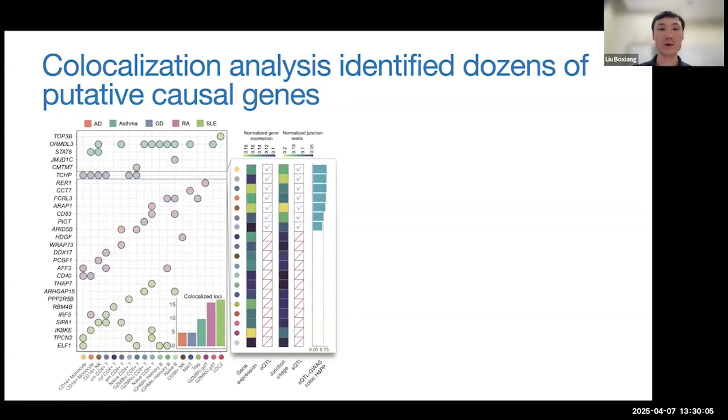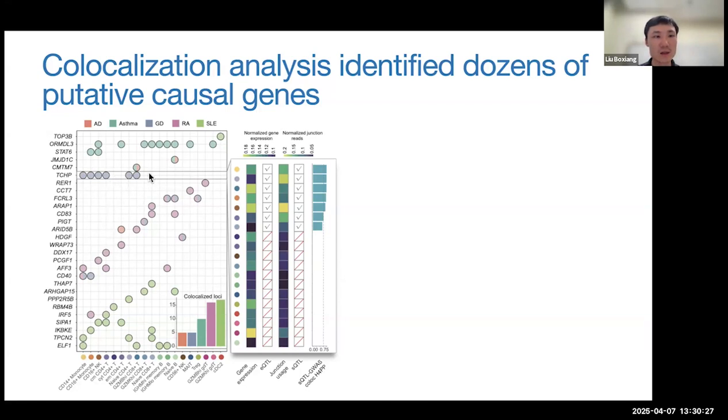The next story, I would like to connect splicing QTLs to diseases. Here we performed colocalization analysis and identified dozens of putative causal genes. Here I'm showing you a subset of 30 genes, and for the interest of time, I'm just going to highlight one of the genes, which is TCHP.